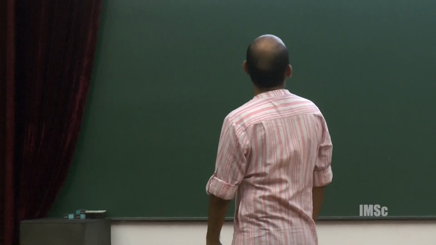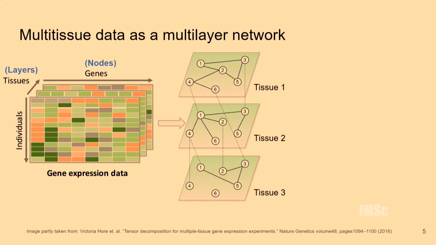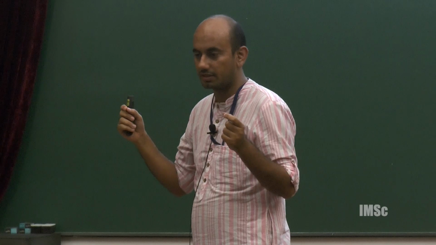In this figure, I think it will be more clear. Here, let's say the first layer, the one at the front, is tissue 1, and the second is tissue 2, tissue 3. So the first column here, and maybe another column in another layer, represent another gene in another tissue. How well they are correlated, that is what we capture with these within and across layer connections.